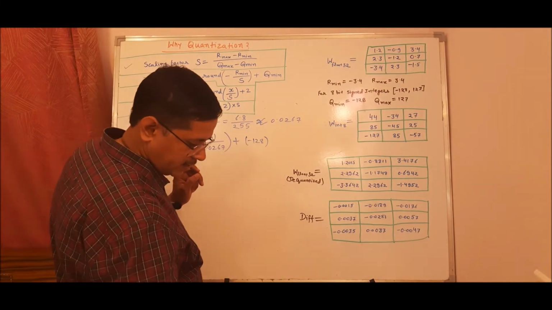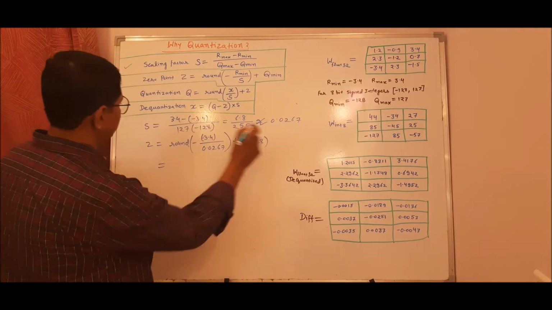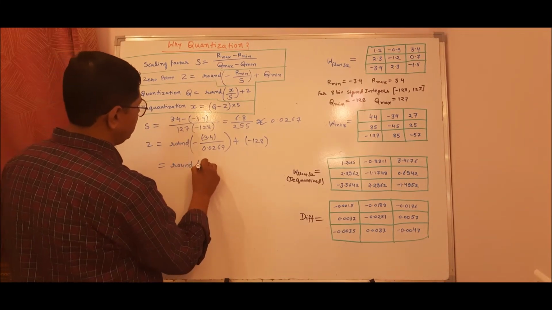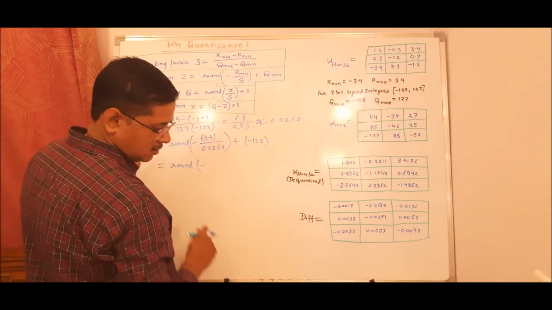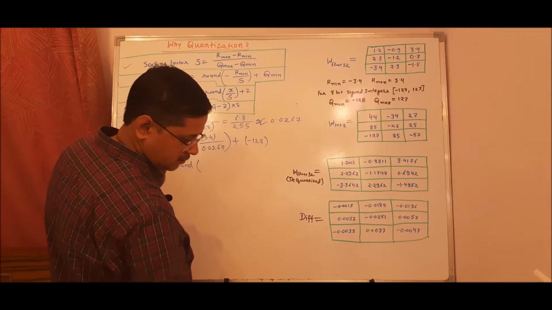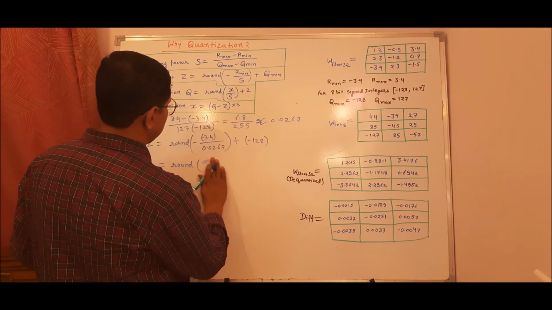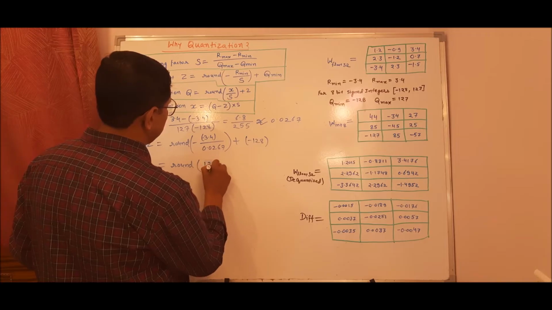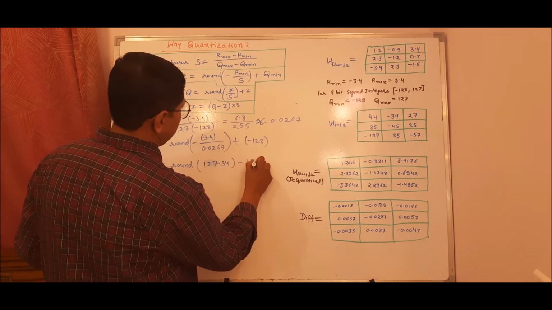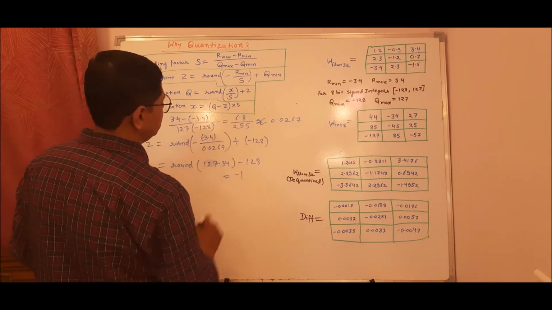Then if you calculate, you will get round of 127.34 minus 128. After rounding, you will get minus 1.